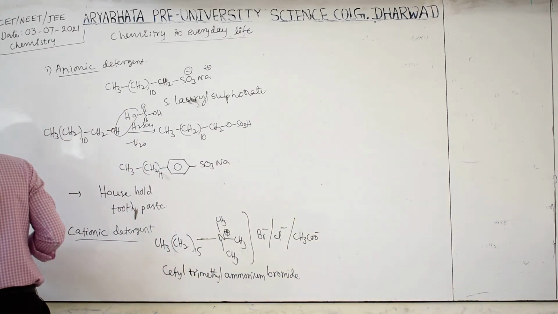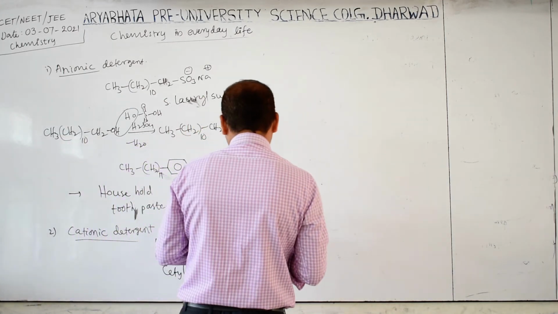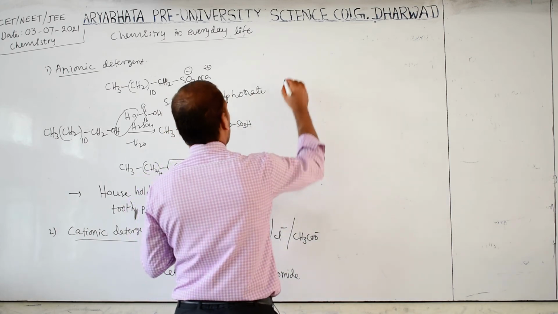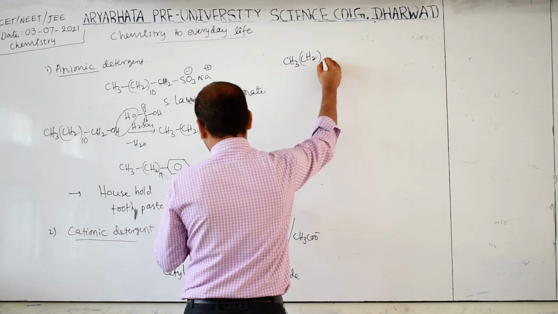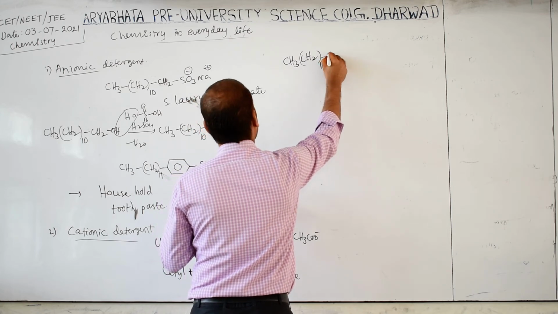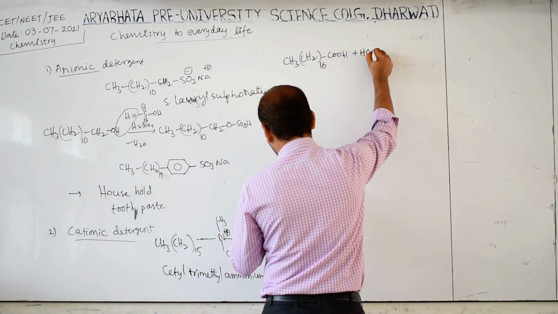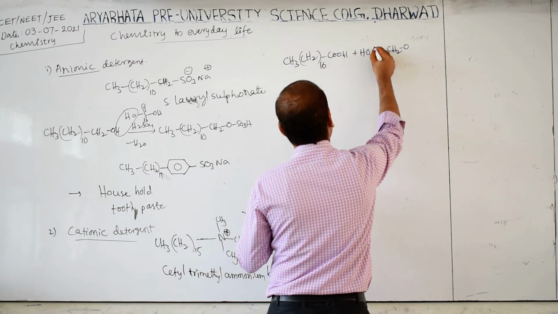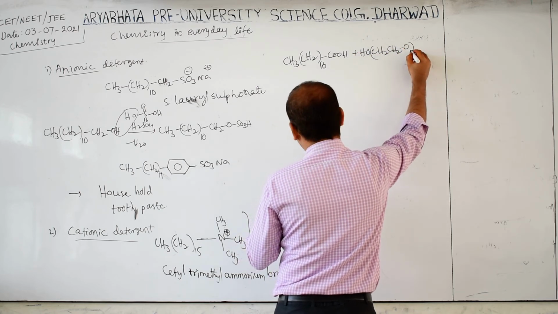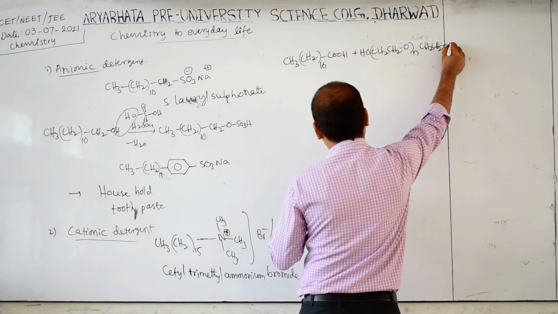For this one, there is an example. That example I want to write here. That is CH3(CH2)16COOH plus HO(CH2CH2O)n CH2CH2OH.